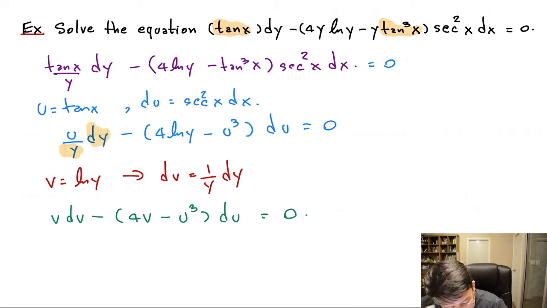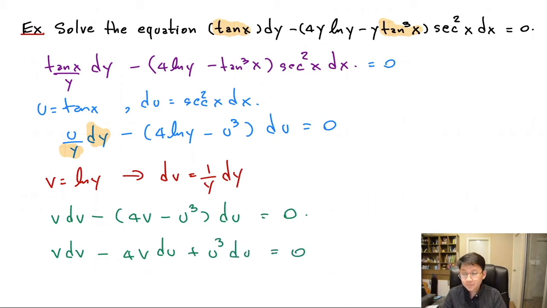Let me distribute this guy first. u dv minus 4v du plus u cubed du equals 0.